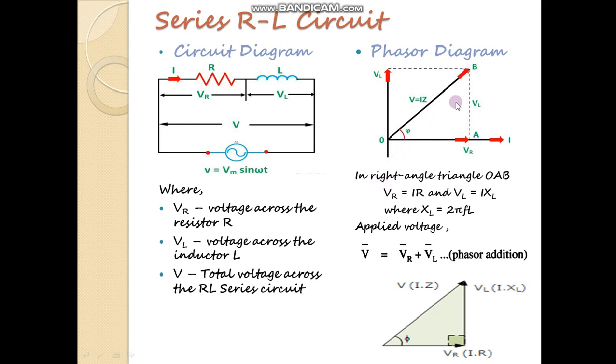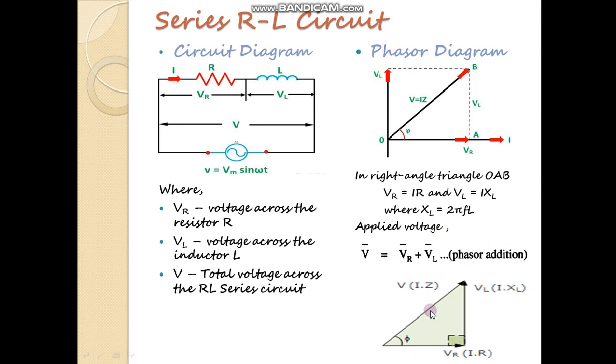See in this right angle triangle, OAB, VR means the voltage drop across the resistor, so we can write it as VR equals I into R. And VL is the voltage drop across this inductor, so it will be I into XL, where XL means the inductive reactance, which is given by the formula 2 pi FL. So this total applied voltage will be the phasor addition of VR and VL.